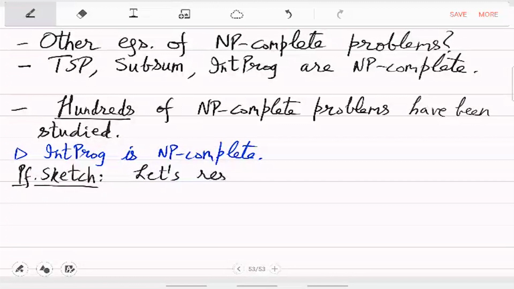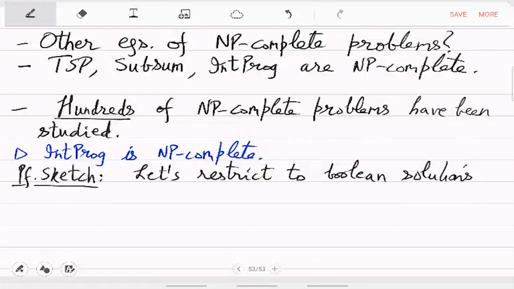Let's restrict to Boolean solutions, that is, xi is between 0 and 1.